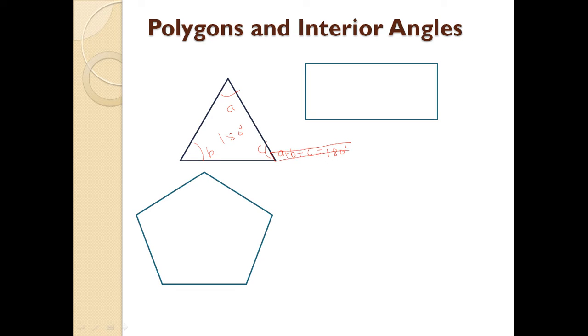This is the sum of all interior angles of a triangle. Similarly, in a quadrilateral, what is the sum of all interior angles? For example, angle A plus B plus C plus D, the 4 interior angles of a quadrilateral, is equal to 360.